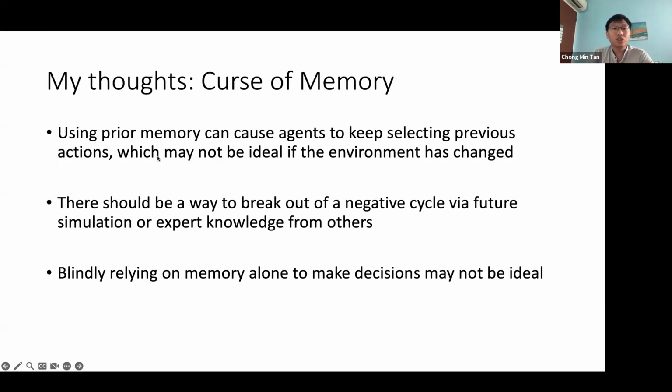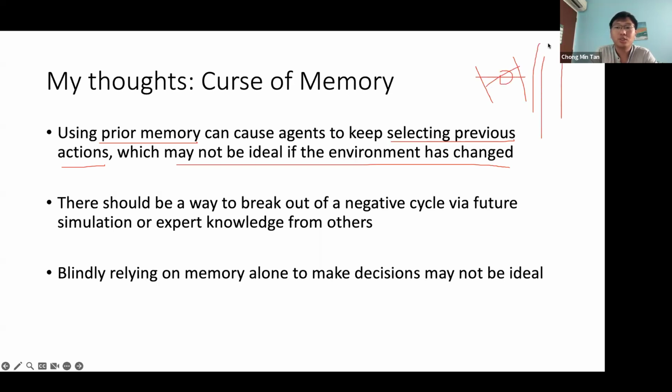But one note of caution that I have is that I've done a lot of research on memory, and I find that if you just use memory itself, you might actually cause the agents to fall into a cycle where it selects previous actions based on memory, which may not be ideal if the environment has changed. Like let's say you have two paths here, and you have one path that is blocked and another path that is not, and you say that, hey, I always go to this path.